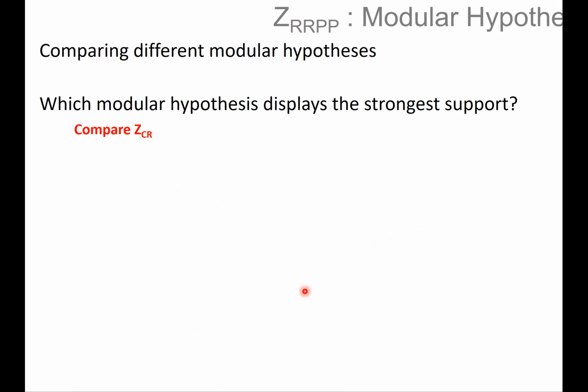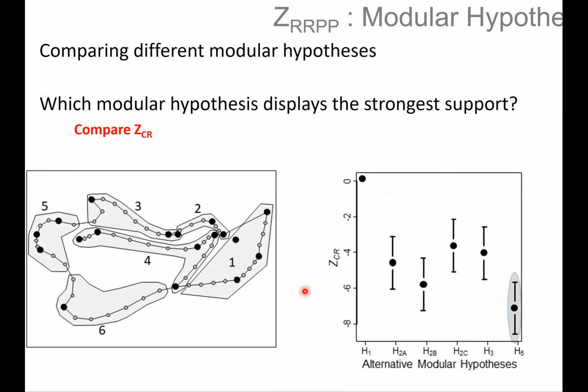We have a tool for comparing the opposite, modularity. What if your phenotypes had subcompartments, modules that are highly correlated within the modules, but less correlated between them? Well, I've developed a covariance ratio, a statistic for measuring modularity, and using these z-scores, we can compare different hypotheses of modularity.